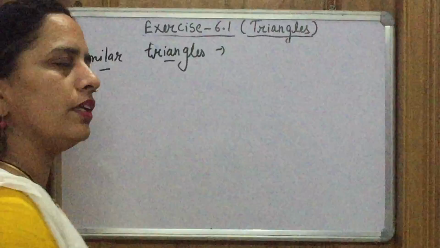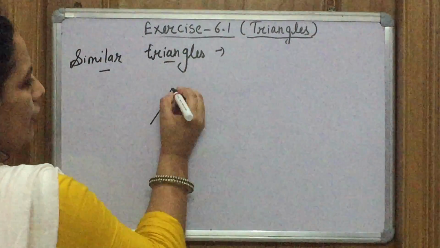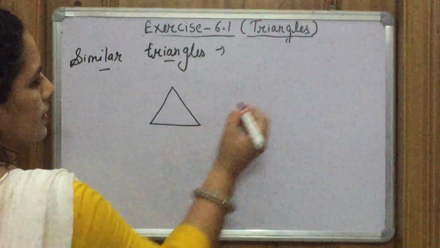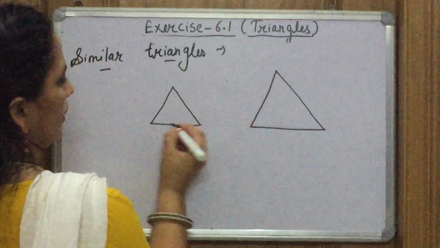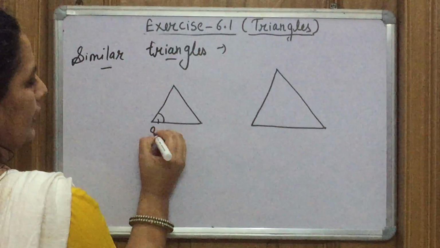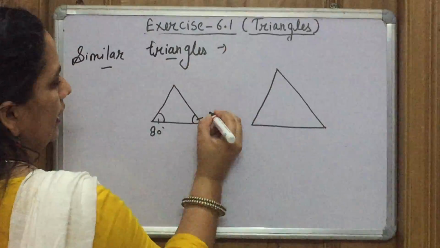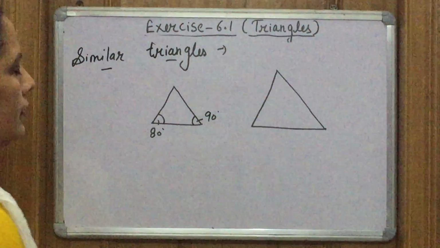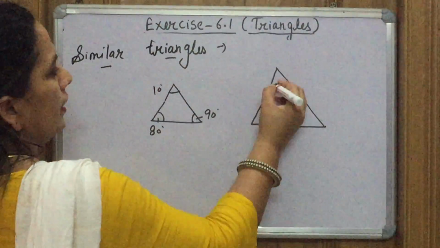Similar triangles again have to satisfy the same conditions. If we draw here two triangles, one angle we can take as 80 degrees, the second one we can take as 90 degrees, and the third one will be 10 degrees.